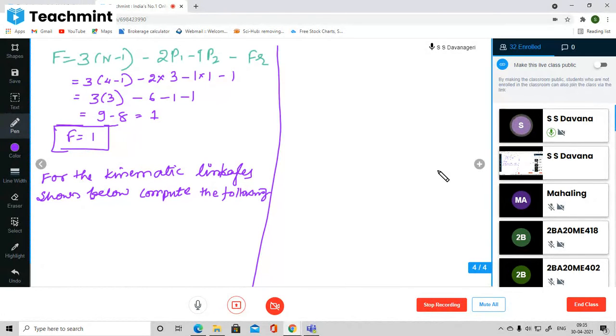One is the number of binary links. Second one, number of ternary links.